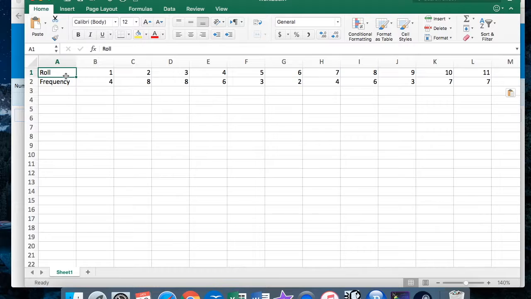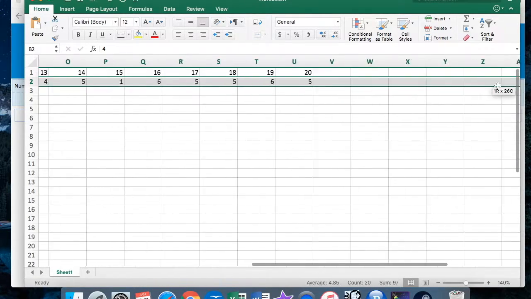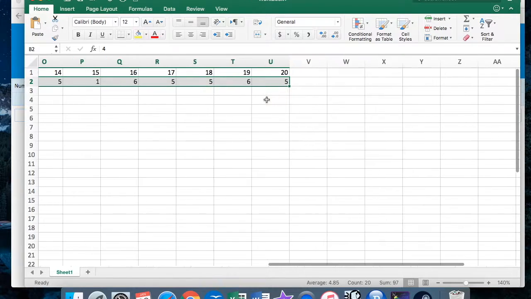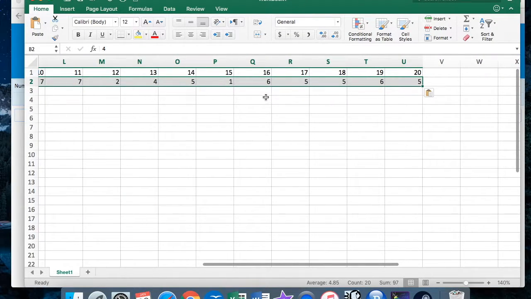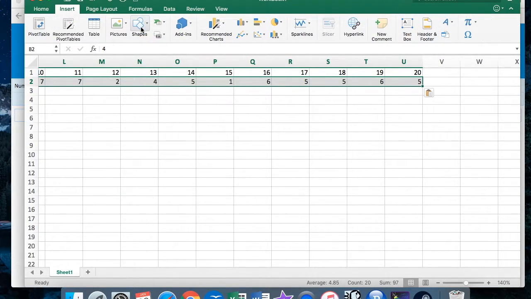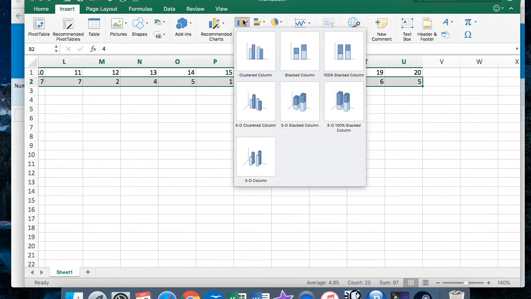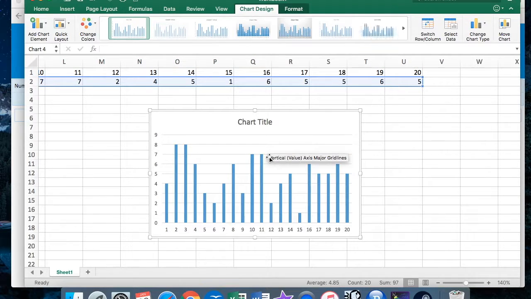Now, it's a frequency distribution, so you can do this a few different ways. What I'm going to do is just highlight all of my frequencies, just the frequencies, and you'll see why in just a second. And then I'm just going to click on this. So here we go. I just made myself basically a histogram, or just a chart.